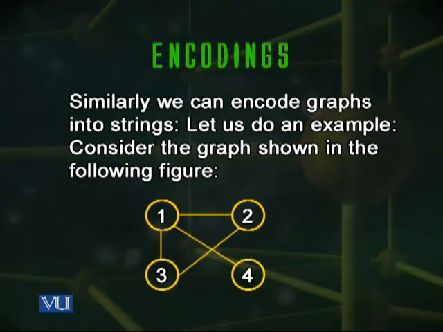The node 2 is connected to just the node 3 and 1, and so on. How can we encode this graph into a string of zeros and ones? Well, what we can do is first try to write this graph linearly, and this can be done by writing down the list of vertices followed by a list of edges.